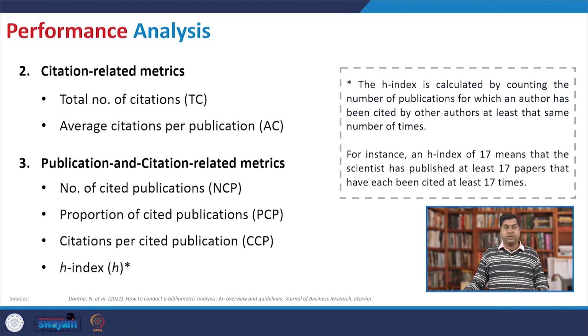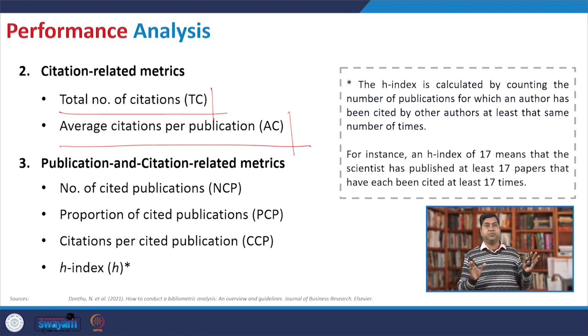Then citation related matrix is the total citation received for that particular journal or paper, and the average citation per publication. When you go for a journal, there will be a total citation, and if there are so many publications, then per publication what is the average citation. In this case that will also give you the impact factor, because when you have the total number of papers published and total citation received in a journal, that gives you the impact factor.